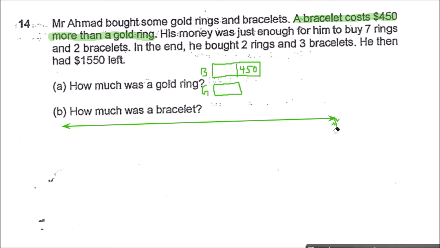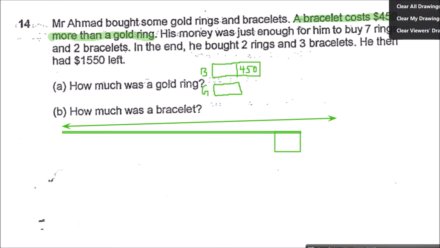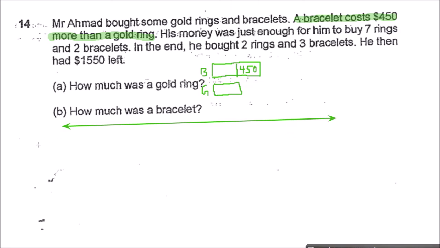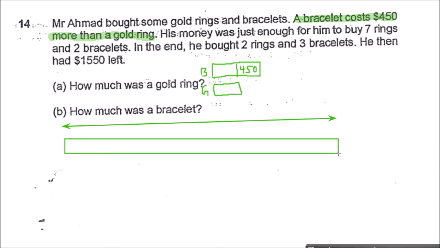So what I'm going to do is draw a model. So based on his money, let me just try to draw this again. Okay, so let me just draw another unit. So based on his money, he's able to buy 7 rings and 2 bracelets.